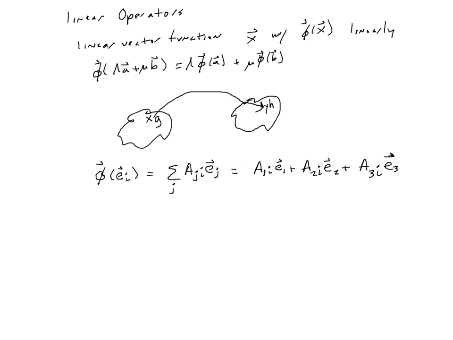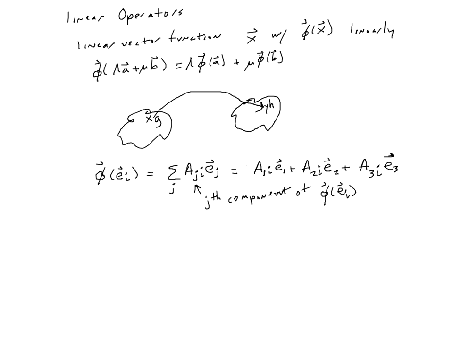And so what this is saying is that for x, you get this set of components. For y, it might be a different set. For z, it might be a different set. And so this A_ji in this case is the jth component of the linear vector function phi of e_i.